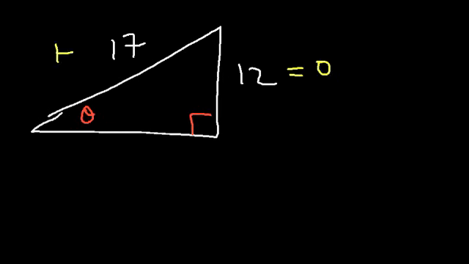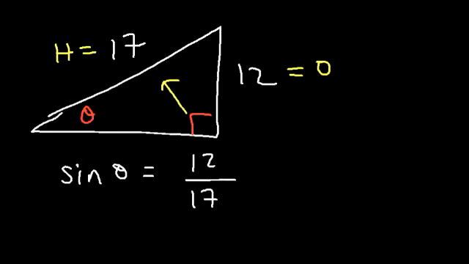Try this one. This time, instead of finding the missing side, we need to find the missing angle. Now we still need to decide what trig function to use. So 12 is opposite to theta, and 17 is across the box, so it's the hypotenuse. Therefore, we have to use sine. Sine theta is equal to the opposite side divided by the hypotenuse.